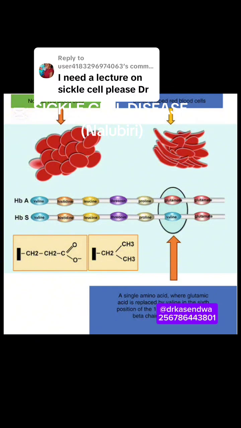These polymers go on elongating to form the longitudinal frame of the sickle shape, and the red blood cell changes from the biconcave shape to an elongated sickle shape. All this happens due to a point mutation at position 6, where glutamic acid is substituted by valine, which is hydrophobic.